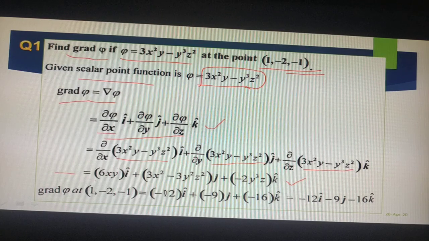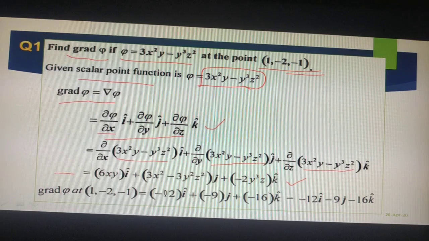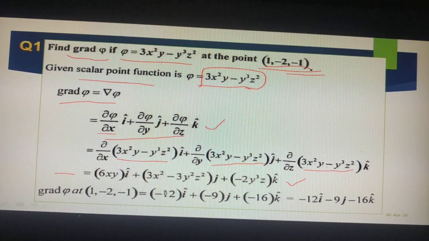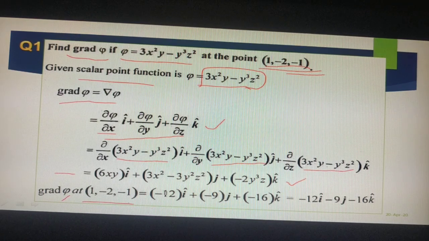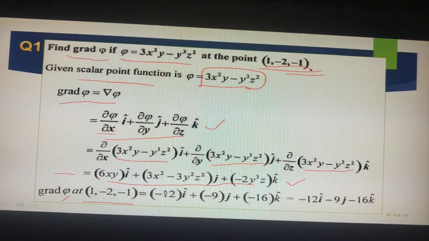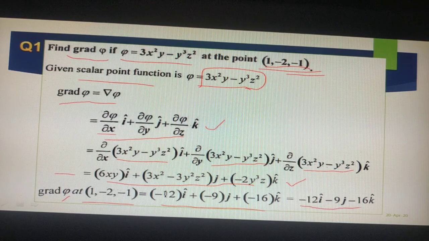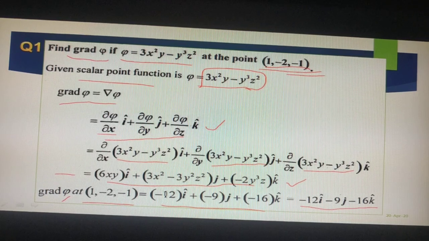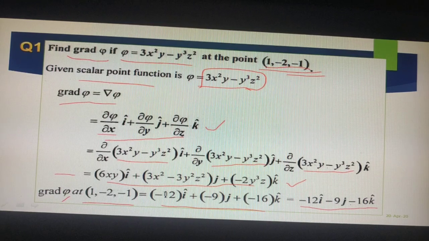But particularly at some point, what is grad phi? Grad phi at (1, -2, -1) means in place of x, y, z, I substitute 1, -2, -1, and I get the grad phi value at that point as -12i - 9j - 16k.